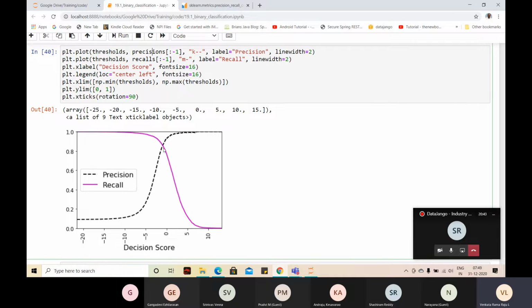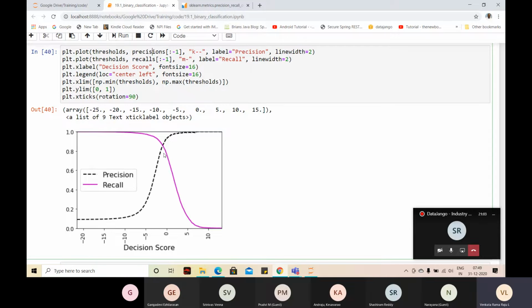If you look at 0, that's where they kind of merge, or maybe not even merge, it is somewhere there. So about 93% precision and around 80% recall by default.